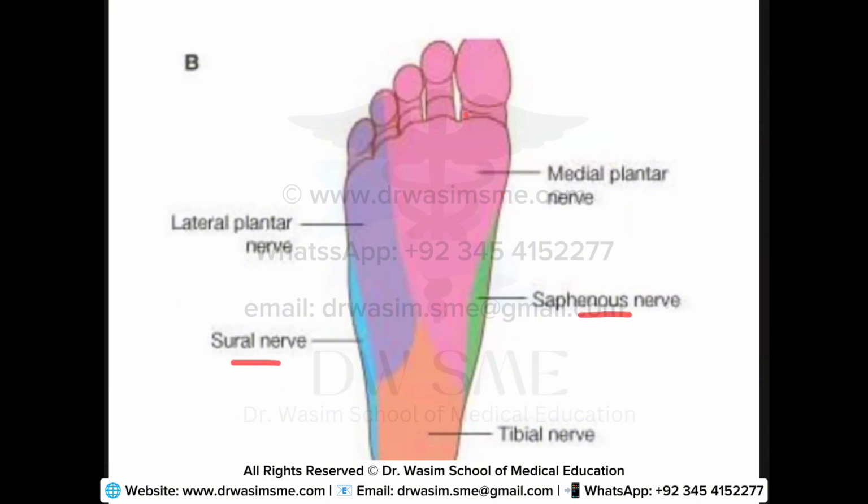Whereas the 3.5 medial digits and the sole are supplied by the medial plantar nerve, and 1.5 digits and the lateral third of this area are supplied by the lateral plantar nerve. This diagram is very important because it can be tested in descriptive form in the form of an MCQ.